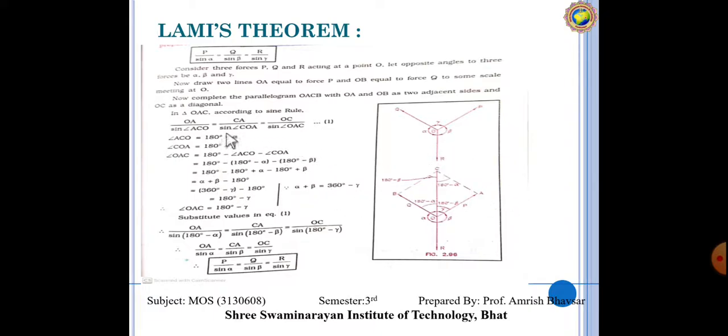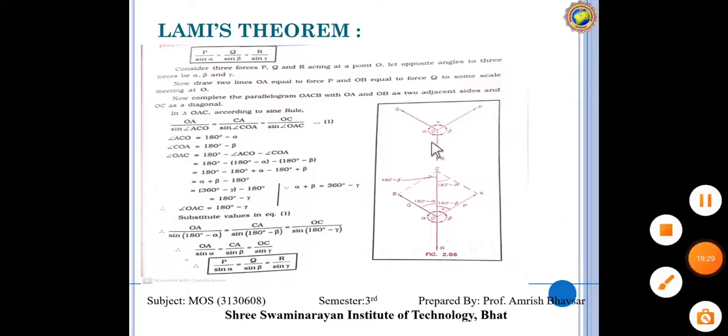Now we have the angles 180 minus alpha, 180 minus beta and so on. So whenever we put these angles somewhere over here, we can calculate the equation and derive it: P upon sine alpha is equal to Q upon sine beta is equal to R upon sine gamma. So this Lami's theorem is most important for finding the unknown reactions in the free body diagram.